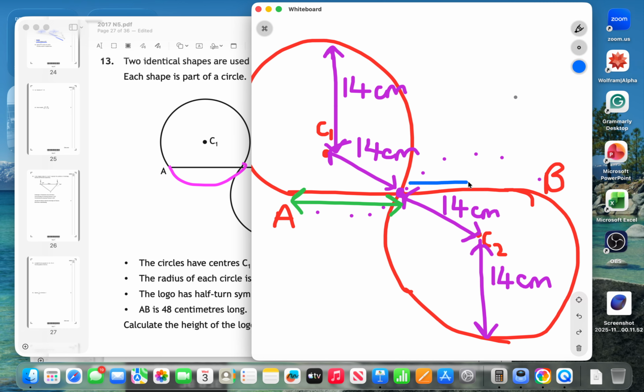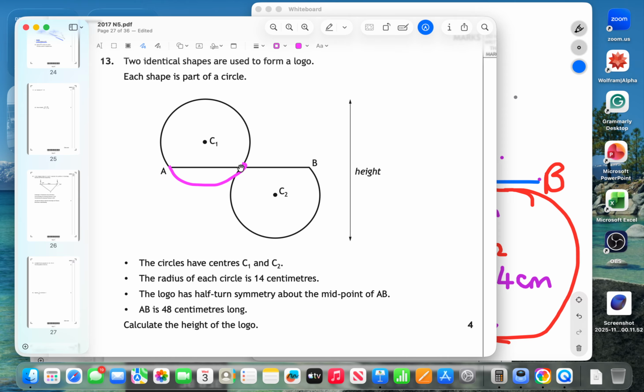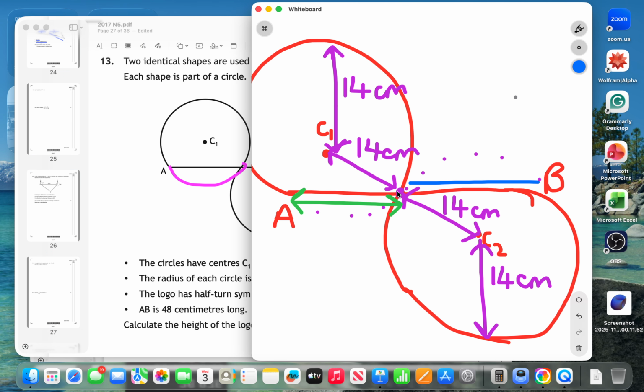The green distance is from A to the midpoint of AB. The midpoint of AB is the point which the half-turn symmetry happens around. So this is the midpoint.